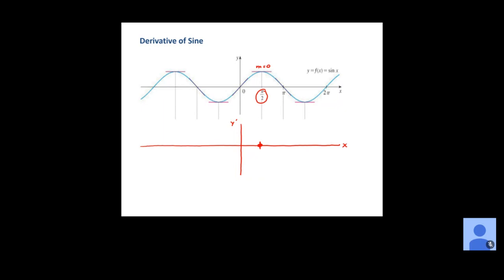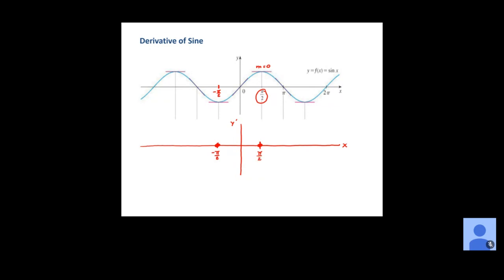Where else would we have a point like that, where the derivative is 0? Okay, negative pi over 2 would be this point right here. That's another place. Good. So I can come over here and say at negative pi over 2, that derivative should be 0 there also.